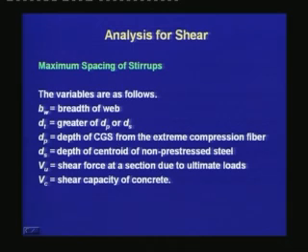The variables are bw, the breadth of the web, dt is greater of dp or ds, dp is the depth of CGC from extreme compression fiber, ds is depth of centroid of non-prestressed steel, Vu is the shear force at a section due to ultimate loads, Vc is the shear capacity of concrete which we determine from Vc0 or Vcr.